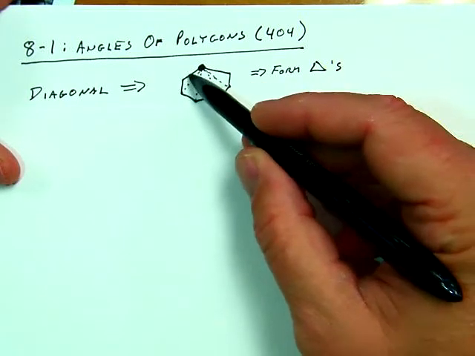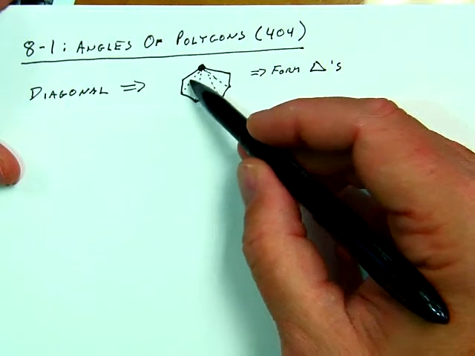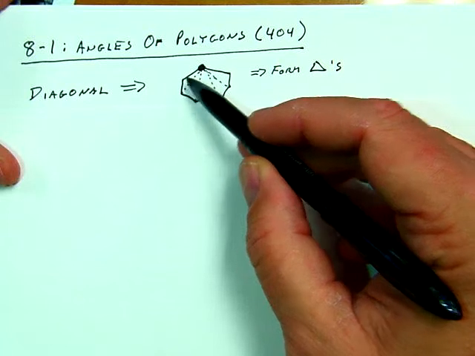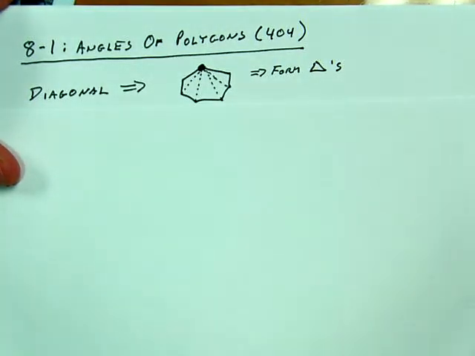So in this example here, I've got a poorly drawn seven-sided figure, and I drew 1, 2, 3, 4 diagonals, and notice that I got 1, 2, 3, 4, 5 triangles formed by drawing the diagonals.